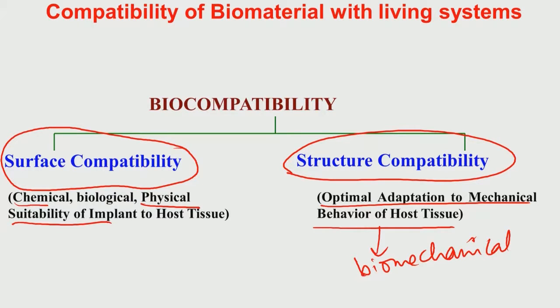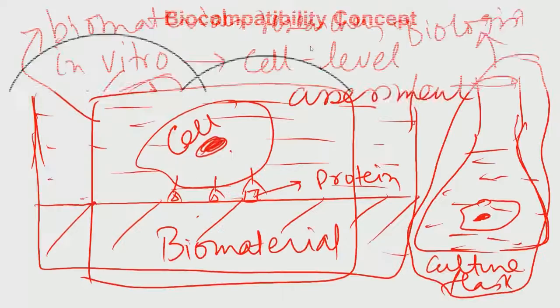Optimal adaptability means, like the example I showed in the last module of total hip joint replacement, when a femoral ball head is attached to the acetabular socket and this whole assembly has to fit into the hip region of a human patient. So, it should have optimal adaptability to the biomechanical properties of the host tissue around a total hip joint replacement. This is what I refer to as biomechanical compatibility.